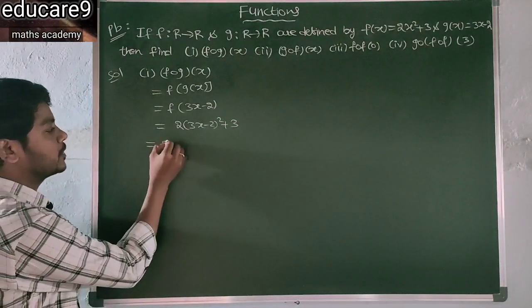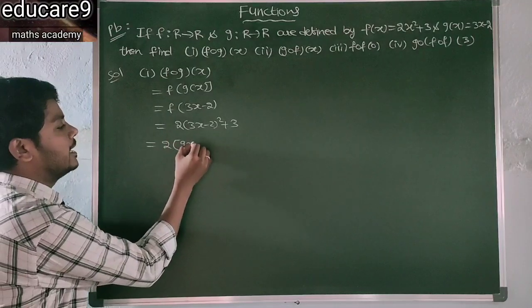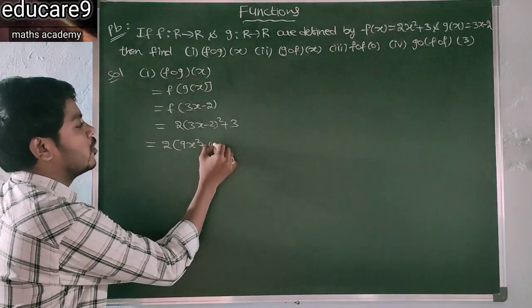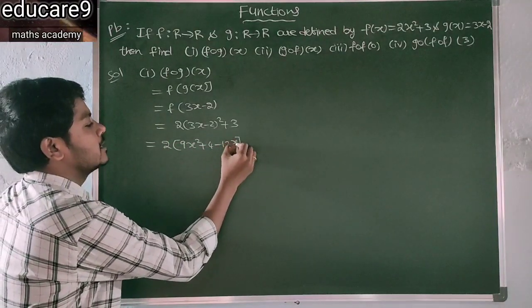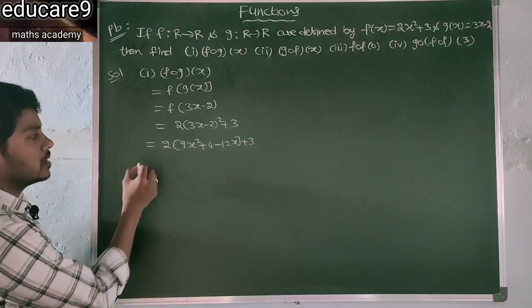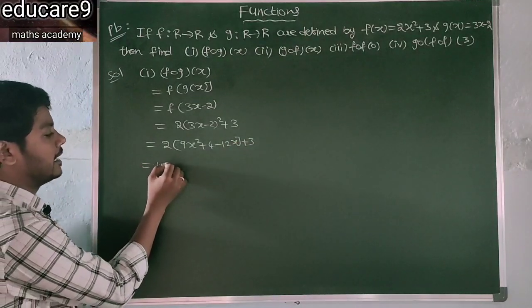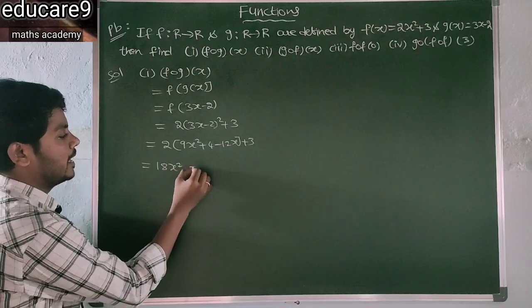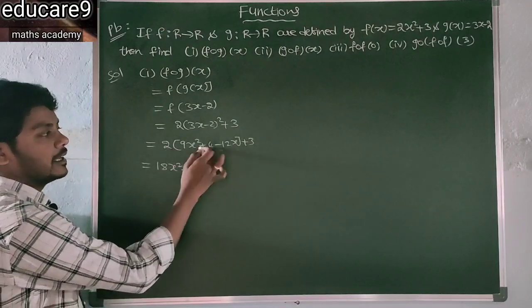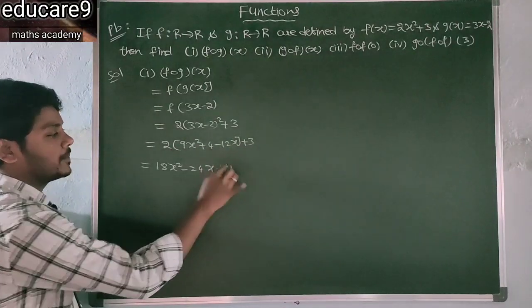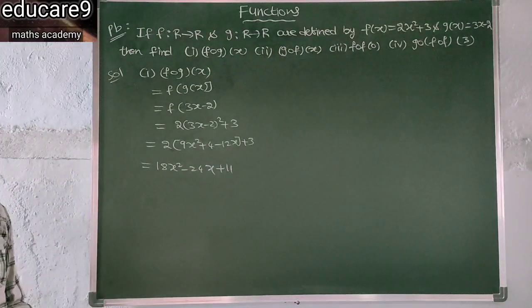Now this becomes 2 into (9x square plus 4 minus 12x) plus 3. So clearly this is 18x square minus 24x plus 8 plus 3, so 11. So this is the first one.